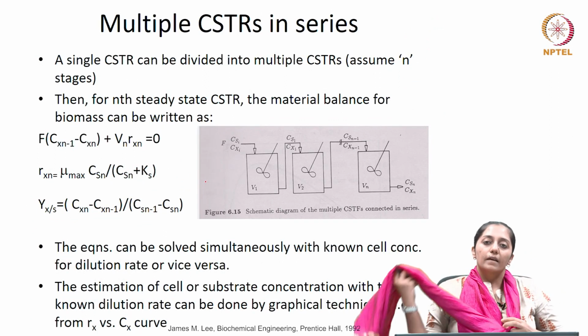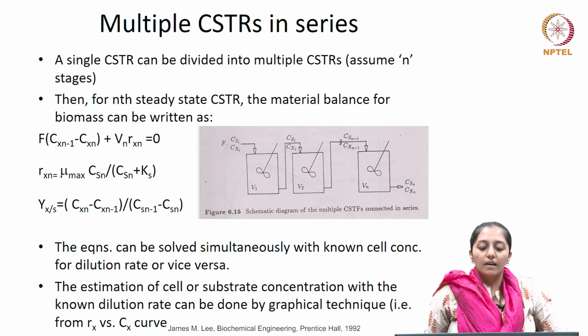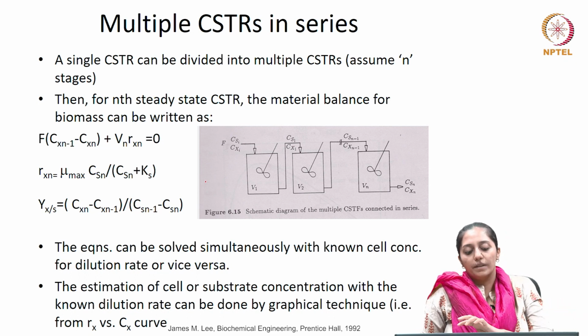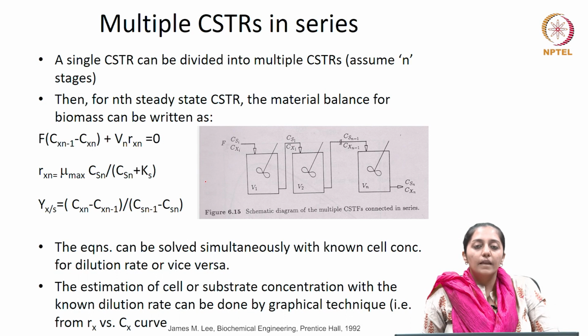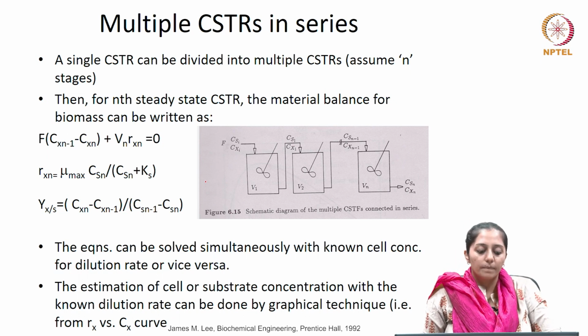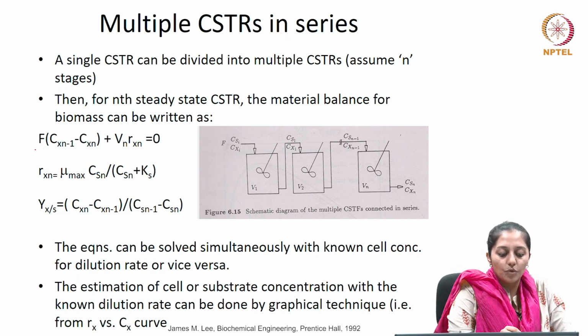Now let's see a case where multiple CSTRs are connected in series. A single CSTR can be divided into multiple CSTRs, assuming there are n such CSTRs linked together in series. Then for the nth steady state CSTR, the material balance for the biomass can be given as shown here.